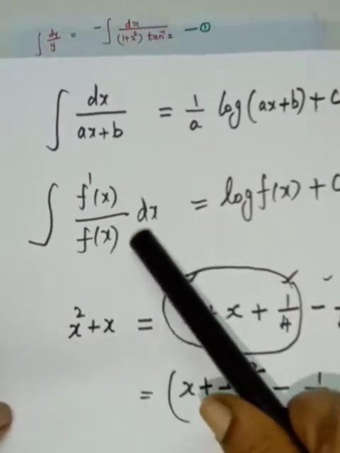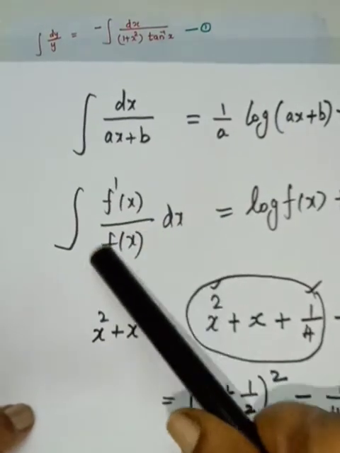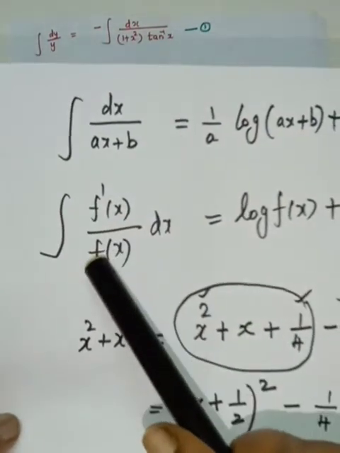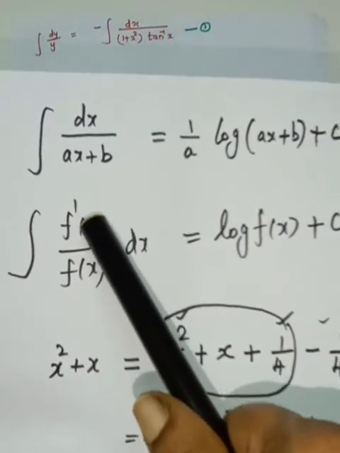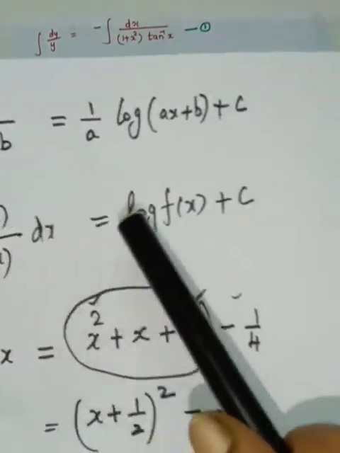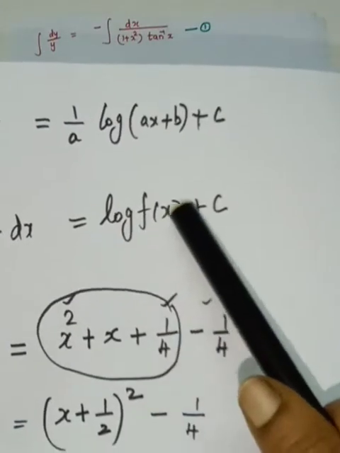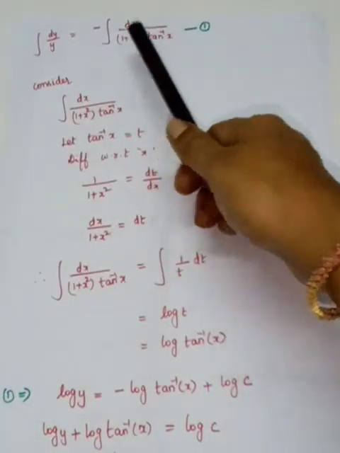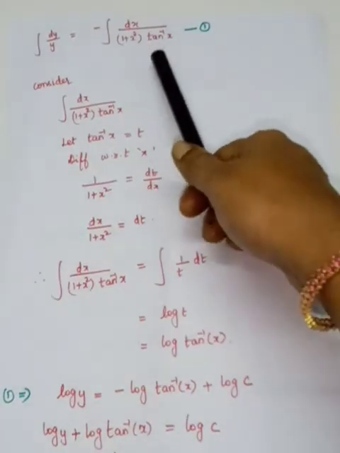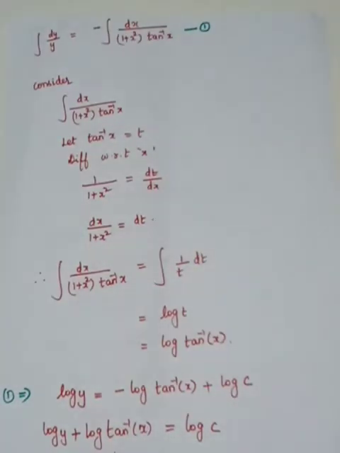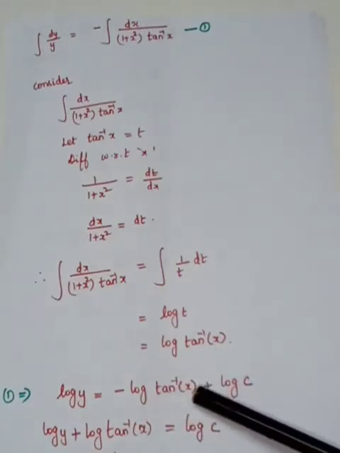Your f of x is tan inverse of x, and its differentiation is 1 by 1 plus x squared. So you can write the formula, log of f of x plus c. So log of tan inverse of x. If you can identify directly, it is in the form of integral f dash of x by f of x dx, you can write very well log of tan inverse of x.